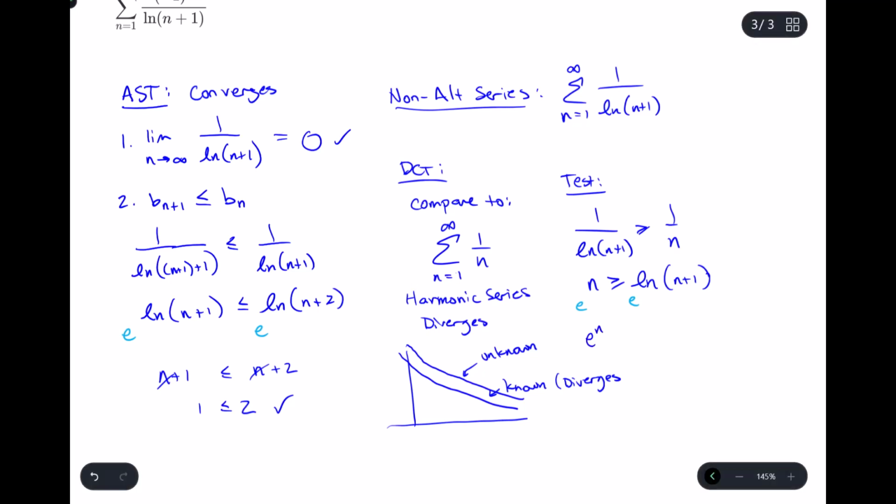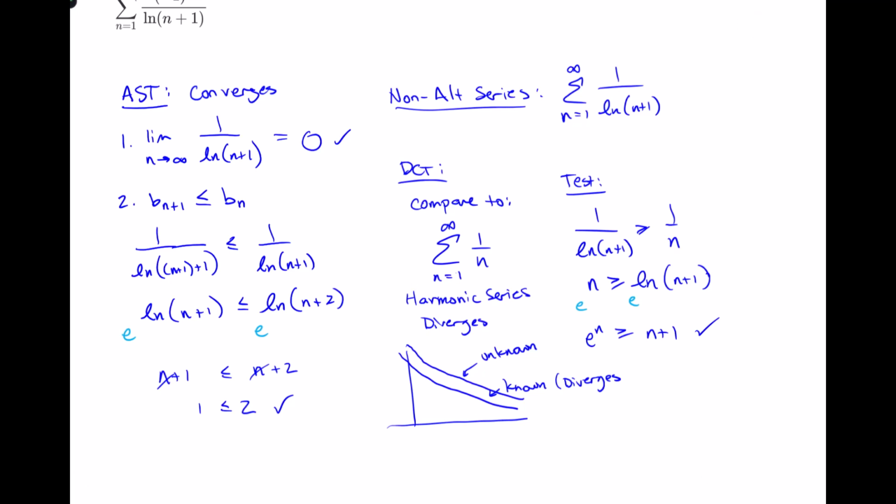So I would have e to the n is greater than or equal to n plus 1. And that's not really a whole lot different, but I think that maybe it's at least a little bit more clear. An exponential function definitely grows a lot faster than a linear function, so I think that's clear enough to say that that works.